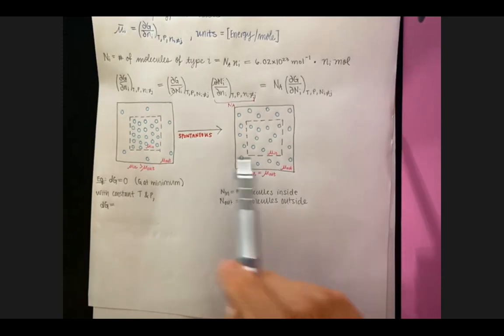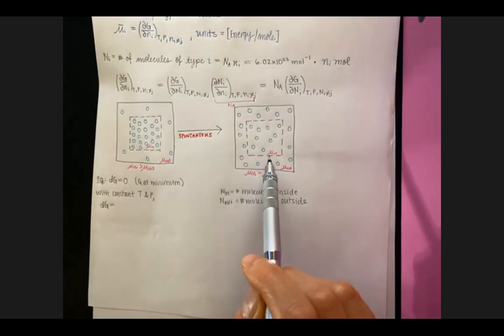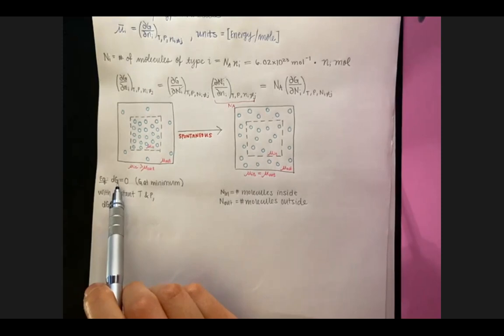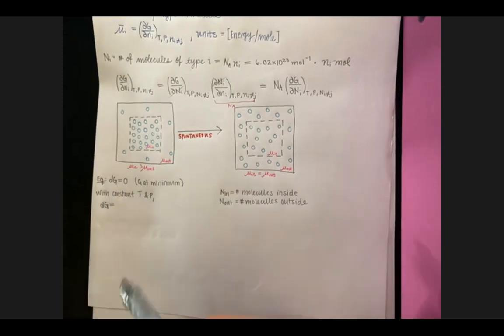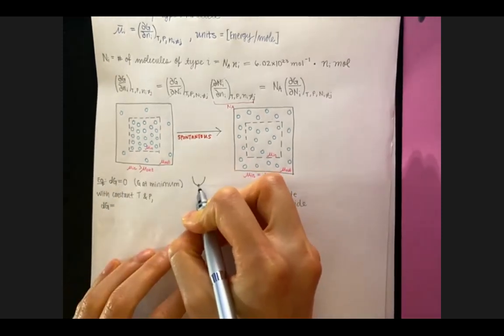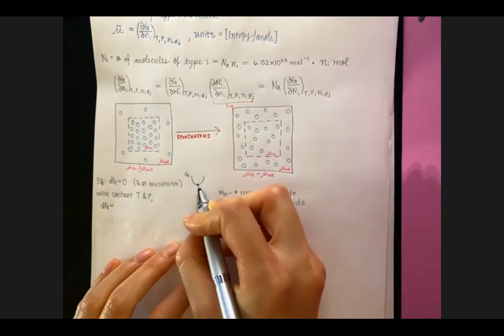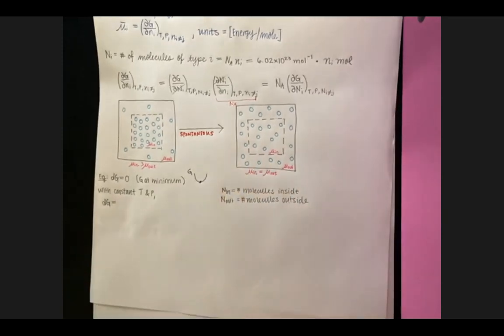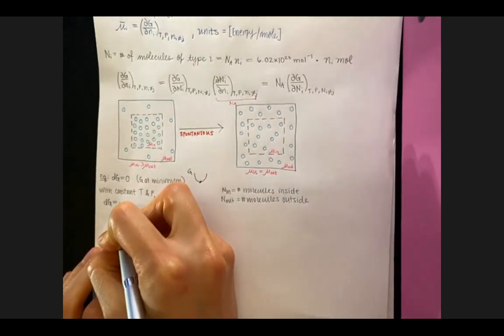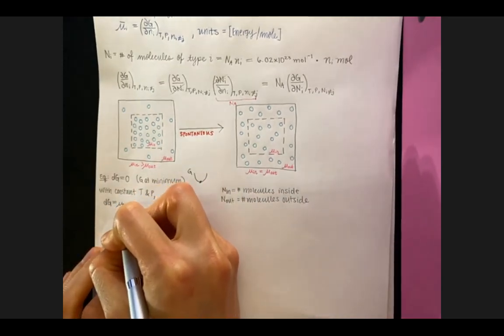So at equilibrium, this is our equilibrium condition over here. The change in free energy is 0, so G is at a minimum. So for example, if this is your graph. And so with constant temperature and pressure, we can get this expression for dG.